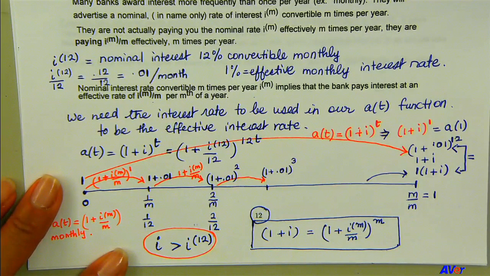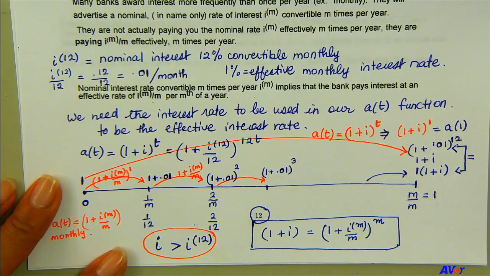Okay. So right now, can you tell me what this interest rate would have been? Can you solve for i? I claim that i is bigger than i12, right? And i12 is 12%. So can you find me i right now?